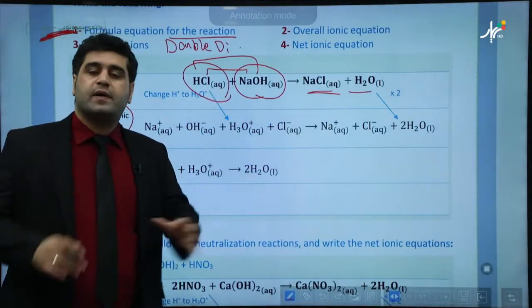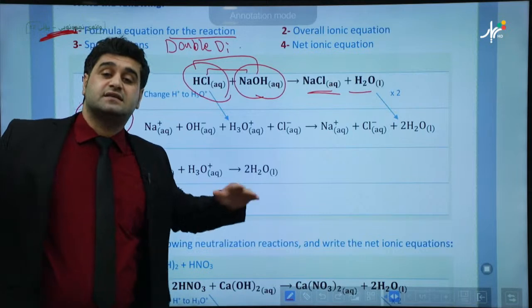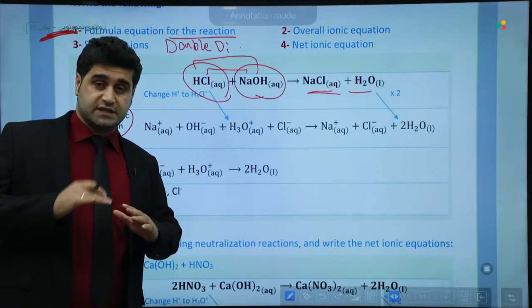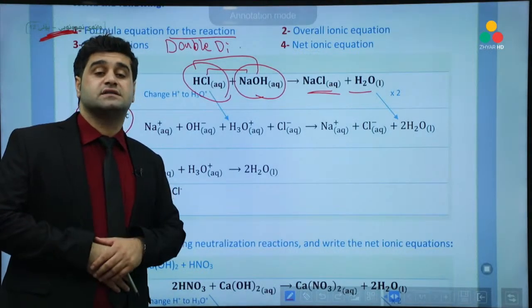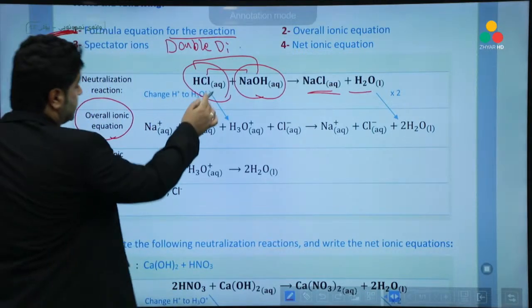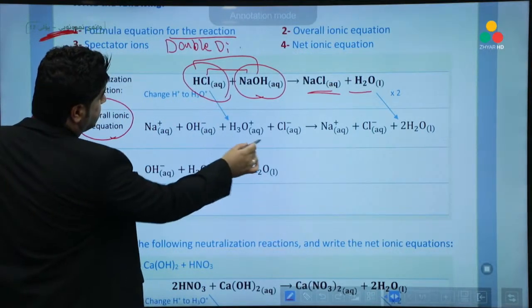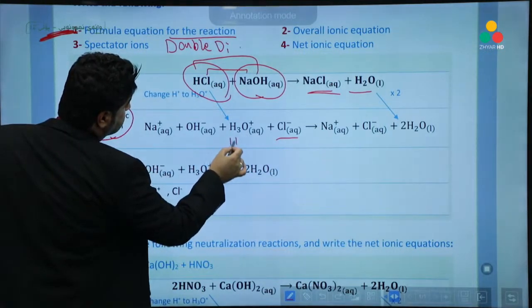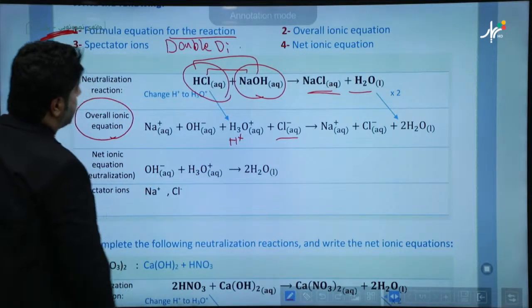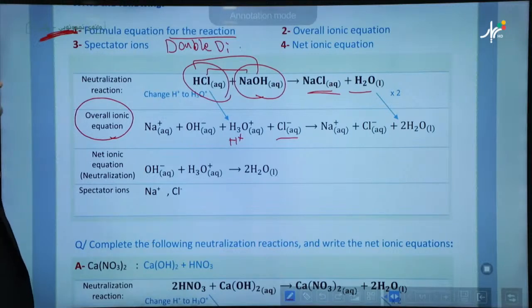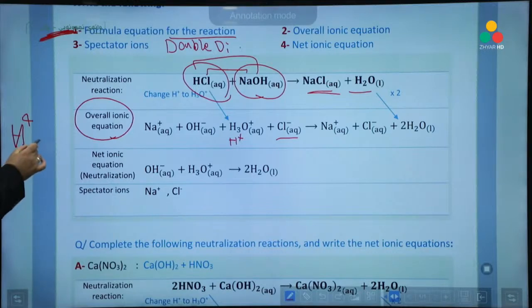All aqueous compounds should be split into their constituents. Look, HCl, we should split HCl into Cl- and H+. But teacher, I remember you told me H+ is very reactive, so it will react with water. If we get H+, immediately we should put a molecule of water, plus H2O, to produce what?